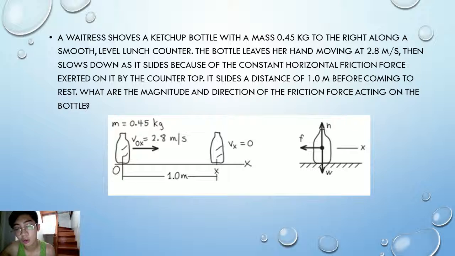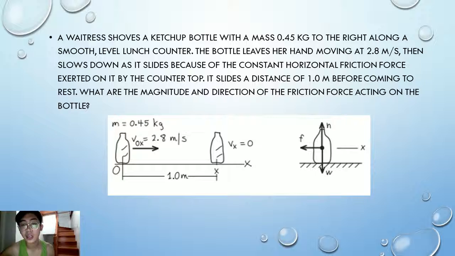And yung normal force na yun is just simply opposite nung weight niya, which is negative na weight. Kung negative yung weight natin, dapat positive yung normal force natin. So, magiging negative 0.45 times negative 9.81.